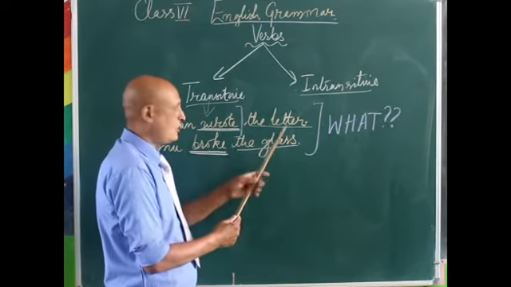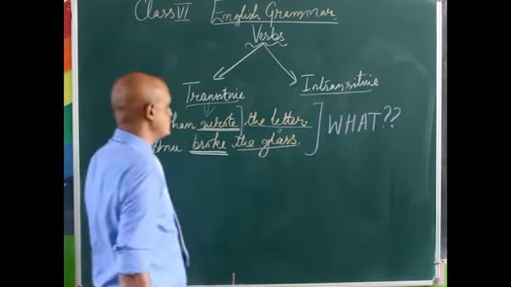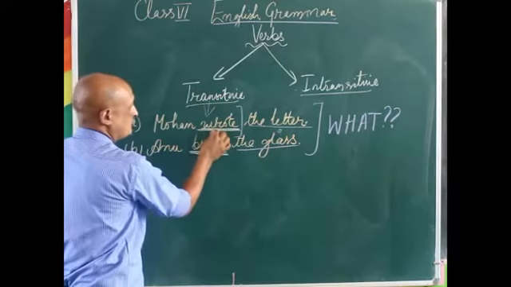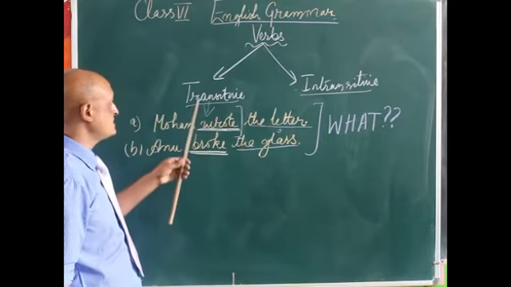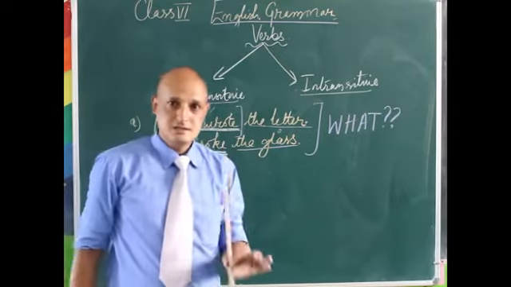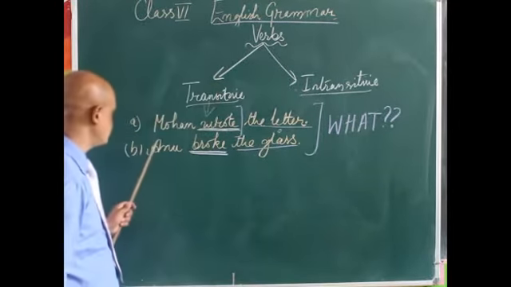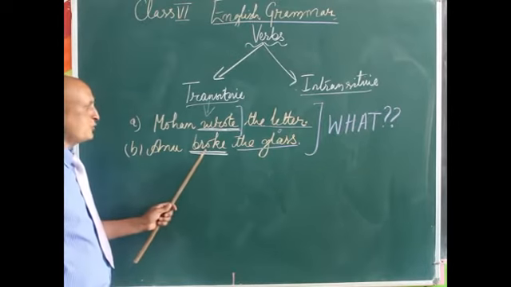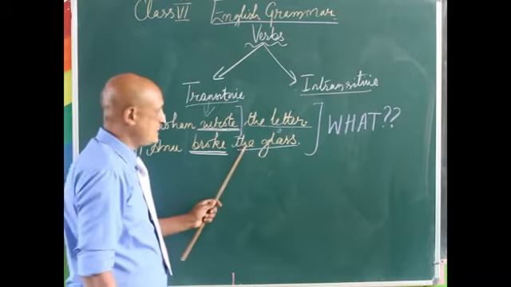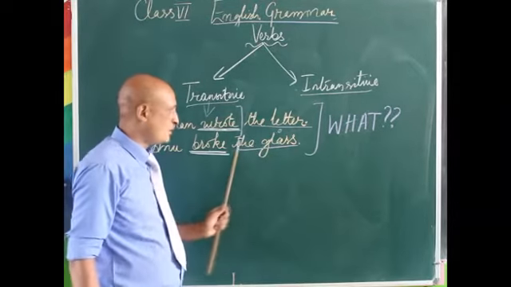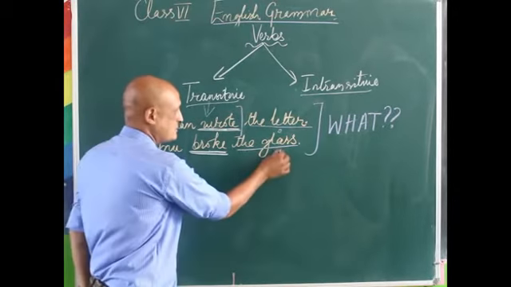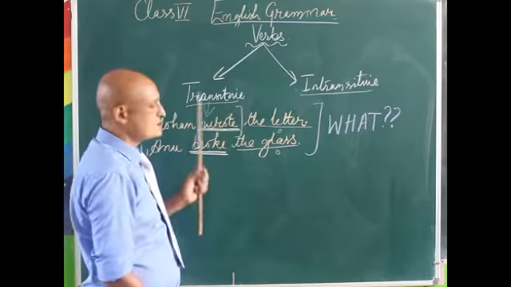So this is an object in the sentence. Therefore, the verb wrote in this sentence is transitive. Sentence number 2, Anu broke. Broke what? The glass. We have an object. So therefore, it is transitive.